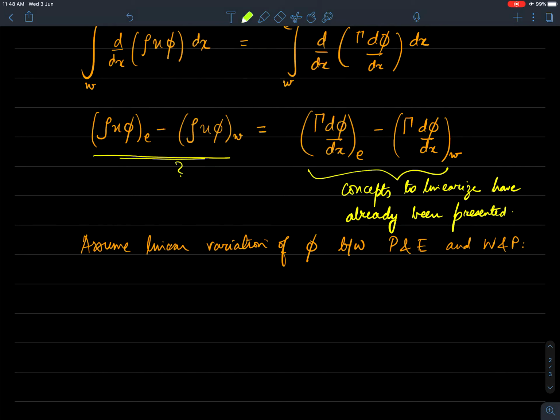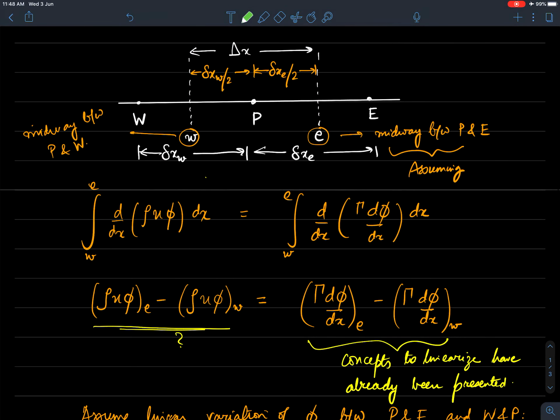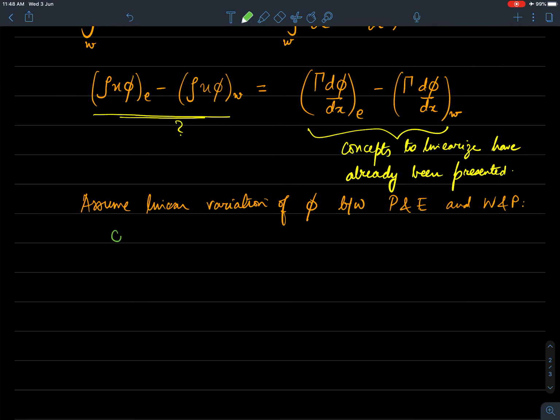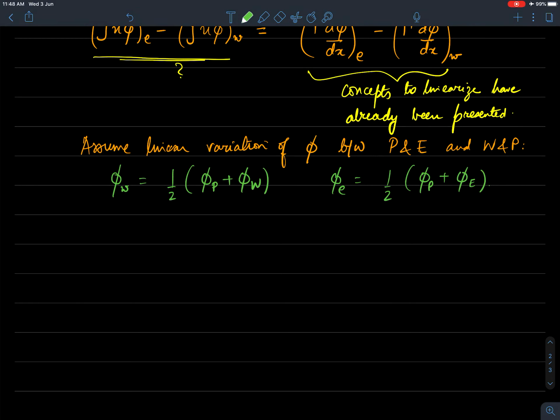What it means is, because the cell face is exactly halfway between points W and P, I could write phi W to be half of phi P plus phi W, and we can write phi E to be half of phi P plus phi E.